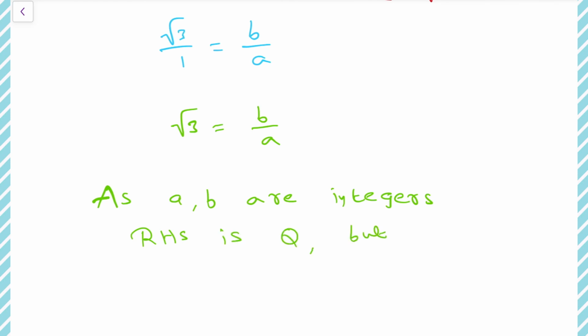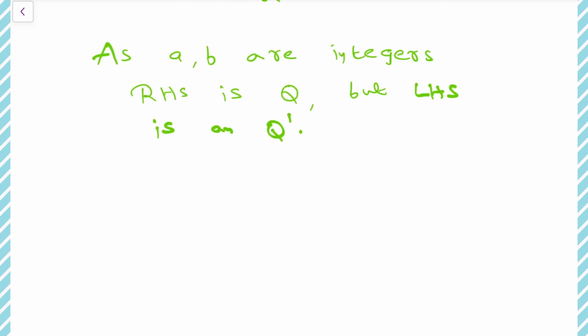But if you observe the LHS part, that is root 3. LHS is root 3, and that root 3 is an irrational number. So LHS is an irrational number. Here the right side part is a rational number and the left side part is an irrational number. Both are not at all equal to each other. So this contradiction has arisen.